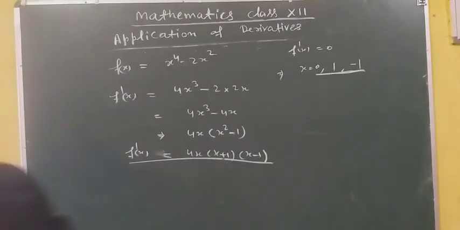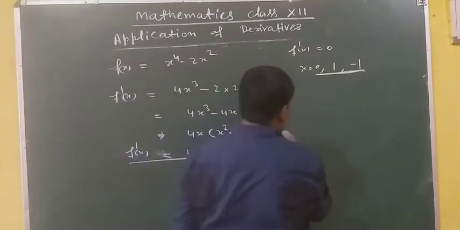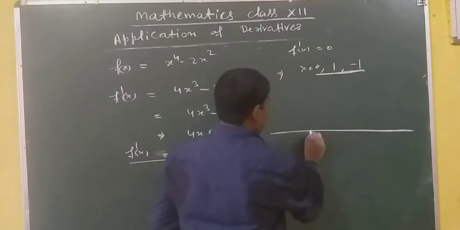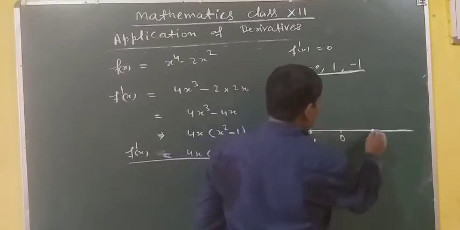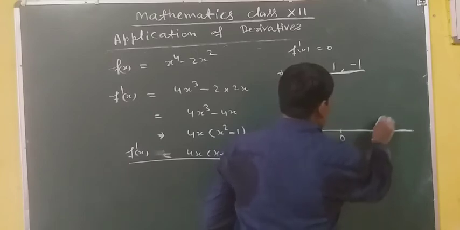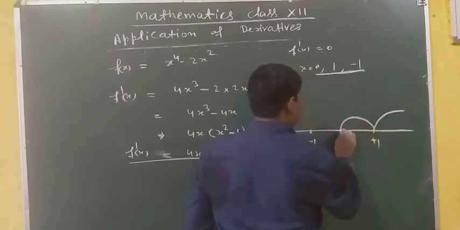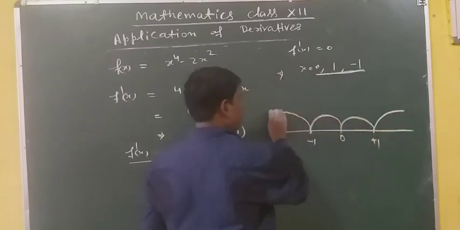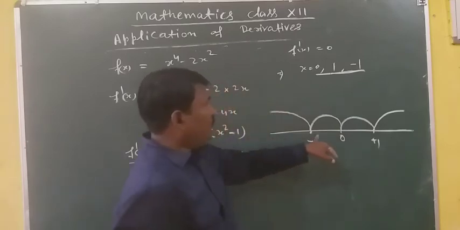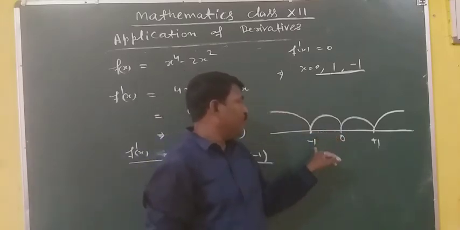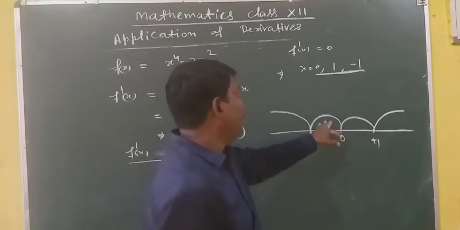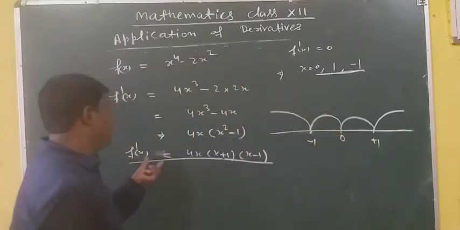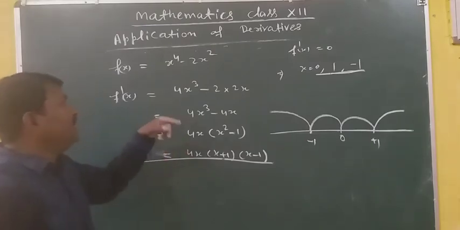Now check around these values: minus 1, 0 and plus 1. Now put some value more than minus 1 and less than 0 and see whether f dash x is positive or negative.